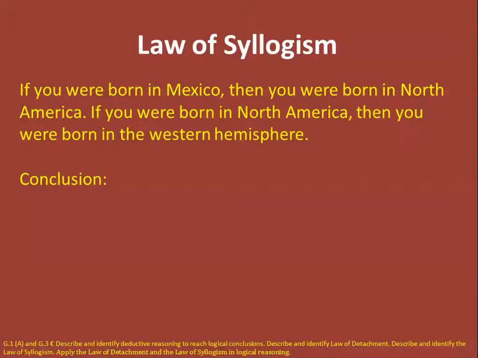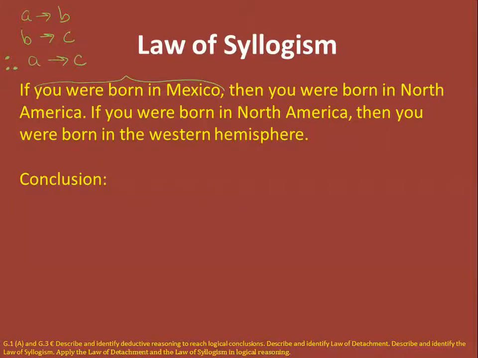It says, if you were born in Mexico, then you were born in North America. If you were born in North America, then you were born in the Western Hemisphere. So let's look at the way this works. Remember A, let me write this up here. A implies B, B implies C, therefore A implies C.